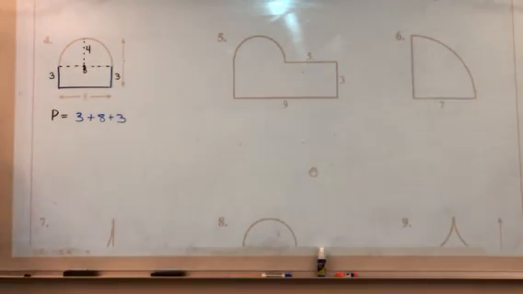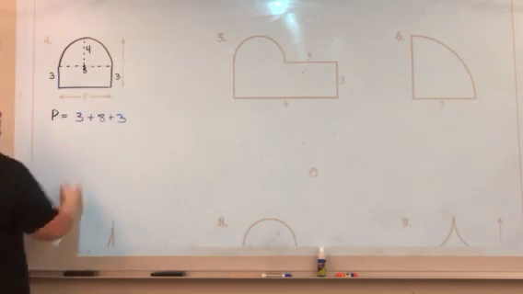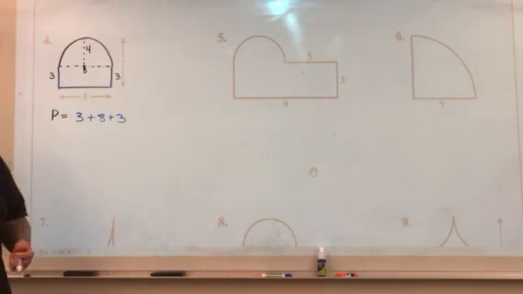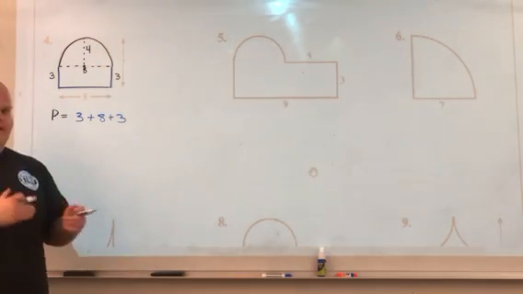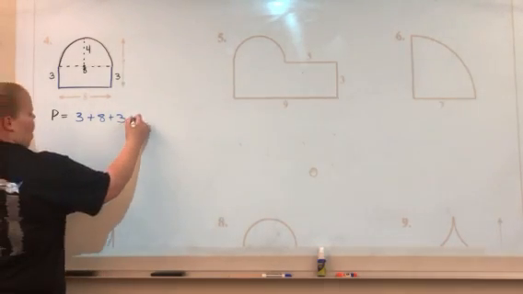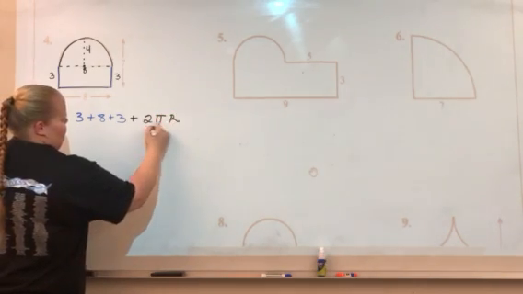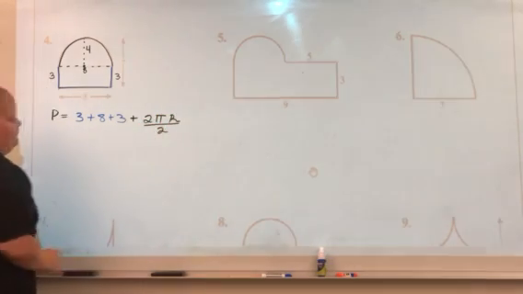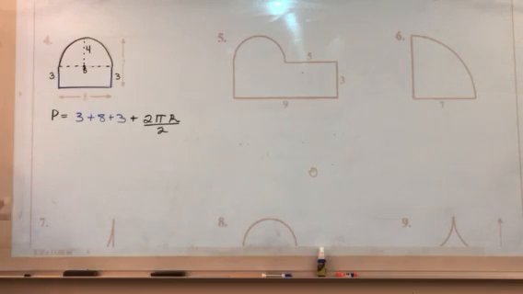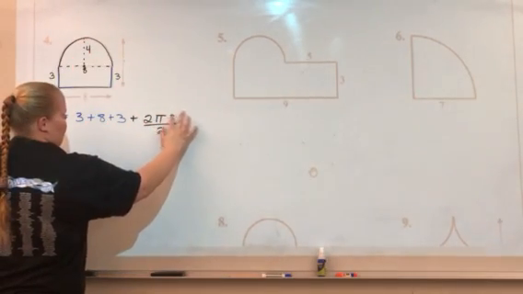I also need to find the distance around that semicircle. That's found using the formula for circumference and dividing it by 2 because we only have half of a circle. So the formula is 2 times pi times the radius divided by 2. We already found out that the radius of that circle is 4, so we can go ahead and plug that in.